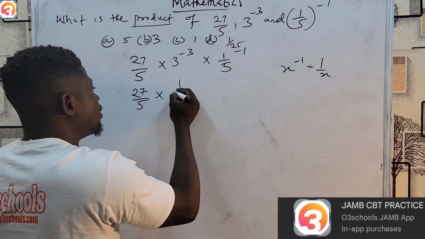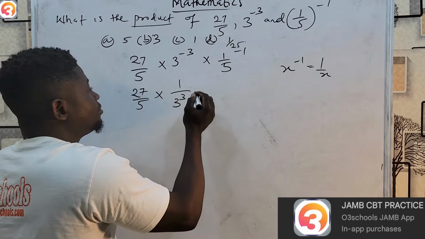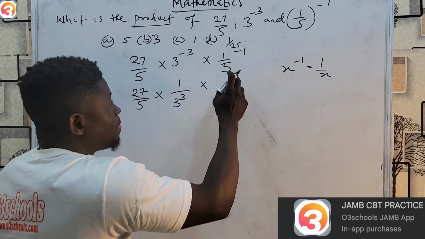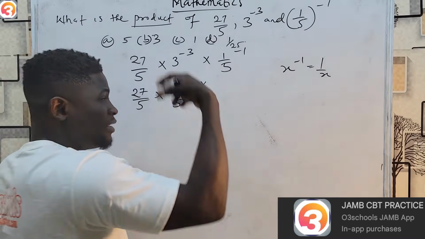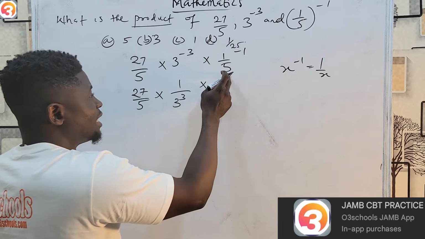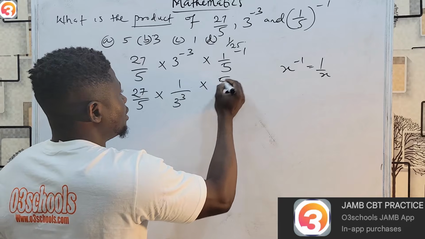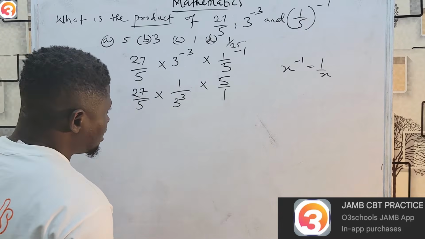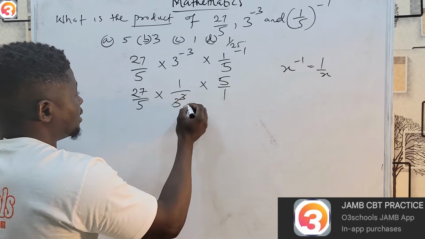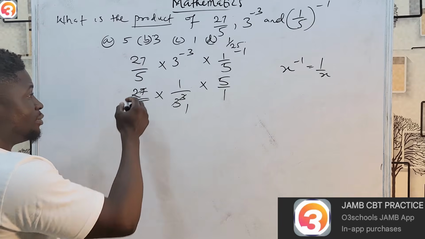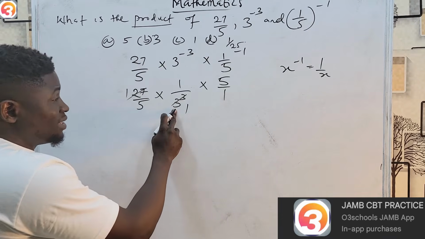So this means 1 over 3 raised to the power 3. Then times, remember when we say raised to the power minus 1, it means to invert it. If I'm inverting this one, that means 5 is coming up, then 1 is coming down. So 3 raised to the power 3 will cancel 27. 3 raised to the power 3 is 27.